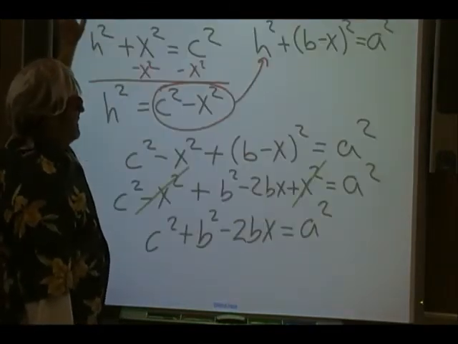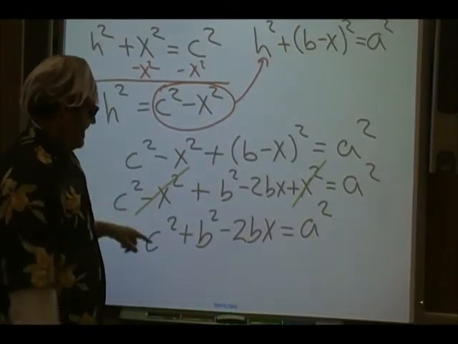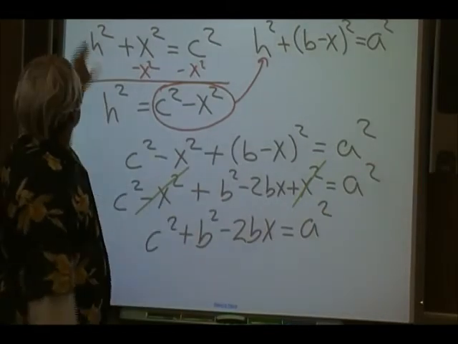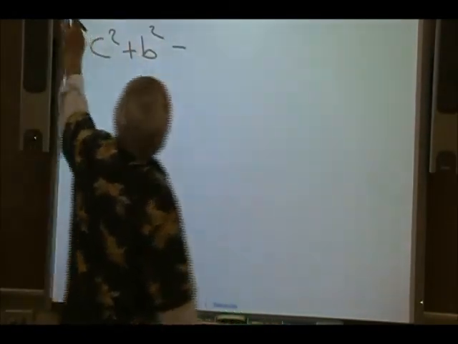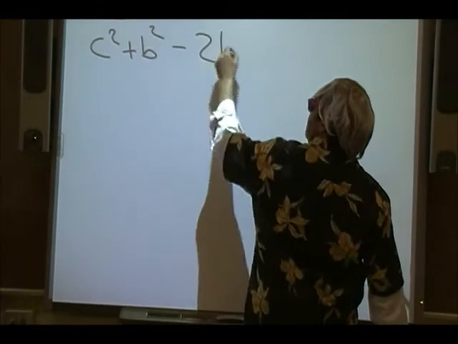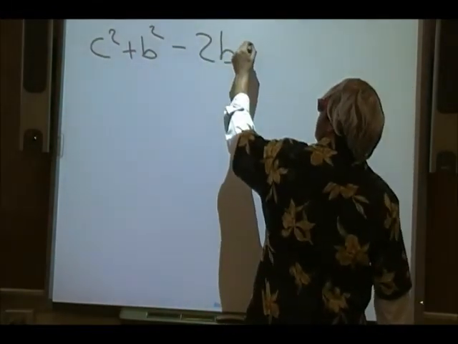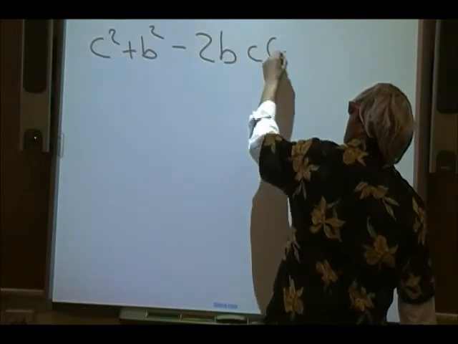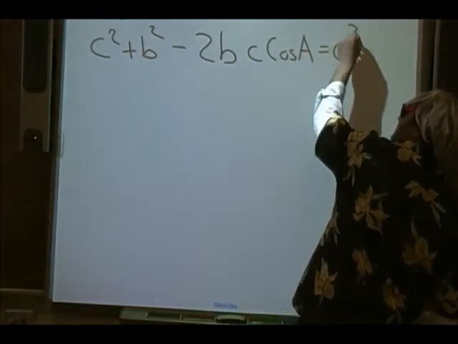So I come over here, and x is c cosine A. So let me rewrite this again. So I have c squared plus b squared minus, and what did I put? 2bx, but instead it's going to be 2b, and then we're going to put c cosine A equals a squared.